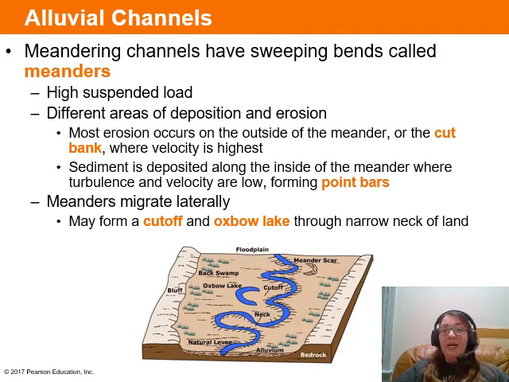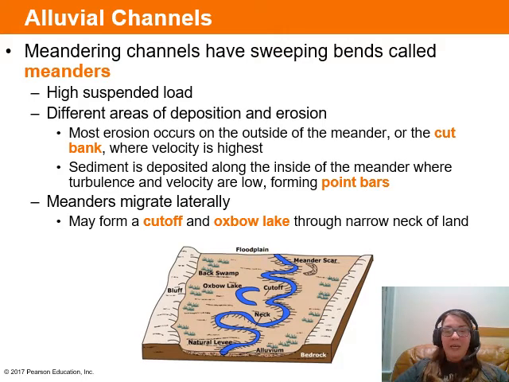And this is called a cut bank because here the river is literally cutting into the bank or the side of that channel. But along the inside of our meander, this is going to form a point bar. Here, because the water is not hitting the inside of this channel, it's depositing all of that sediment behind. And we'll see these point bars on our next slide.